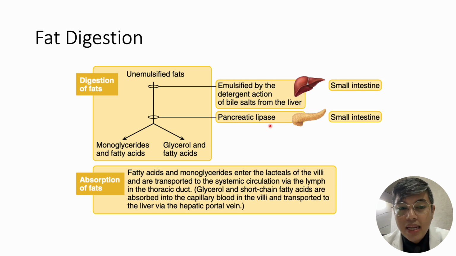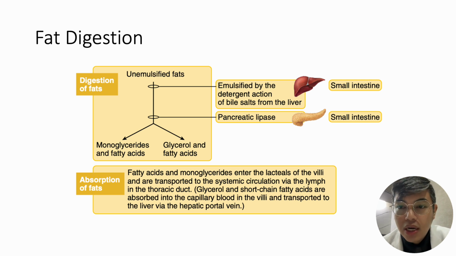Okay? Your pancreatic lipase. In your pancreatic lipase, your emulsified fats will be converted into fatty acids and your glycerol. Now, your glycerol and fatty acids, kapag inabsorb, so ito lang yung ina-absorb ng ating small intestine. Pagka inabsorb, ito yung pwedeng maging cholesterol sa dugo.